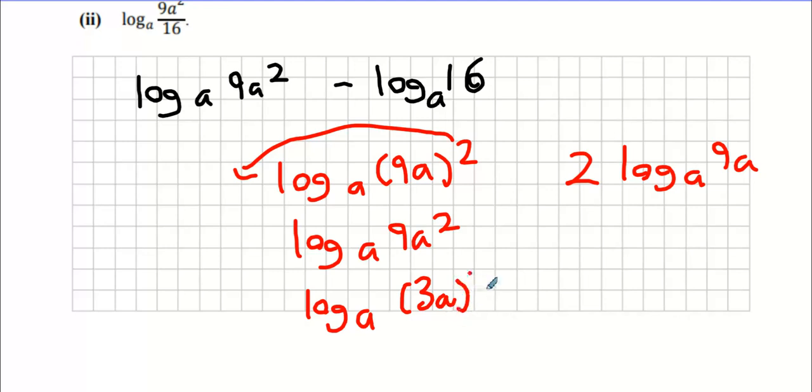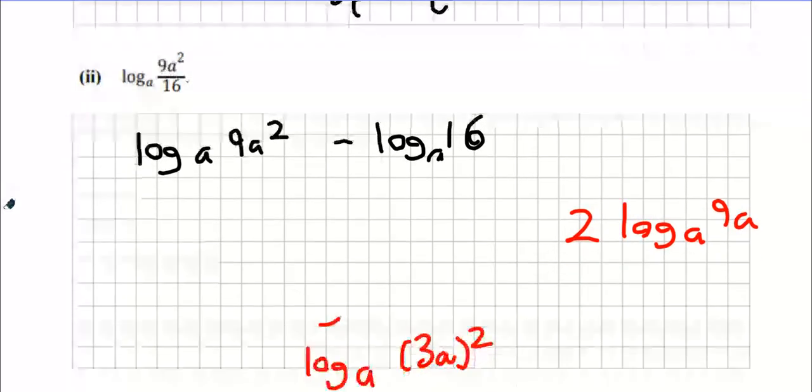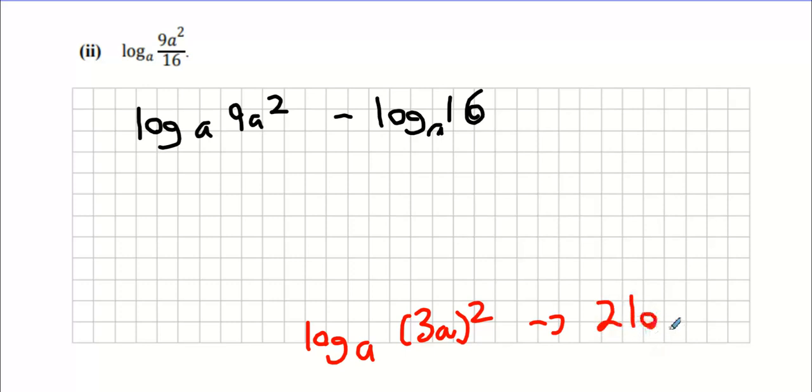What's 3a to be squared? 9a, isn't it? Okay. Now, I have an idea for this. Actually, do you know what? I don't even think we have to go down this route. See the way I'm showing you the square root? And what would the next step here be? Bring the 2 to the front. That's one option, isn't it?